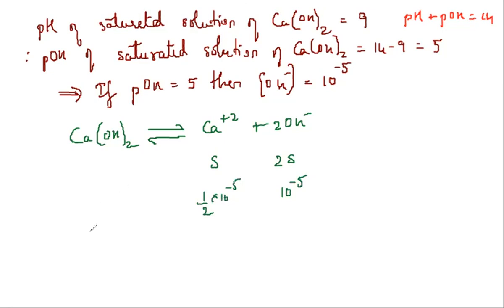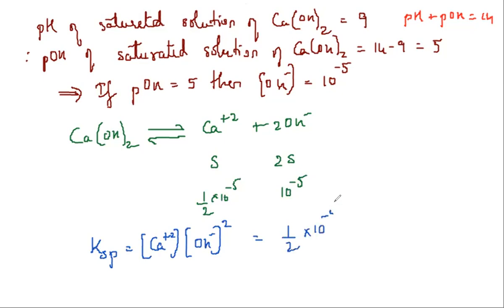How do we find out KSP? The solubility product is the product of the molar concentrations of the product ions, Ca plus 2 times OH minus raised to 2. Calcium ions are 1 by 2 into 10 raised to minus 5, into OH minus, which is 10 raised to minus 5, the whole square.